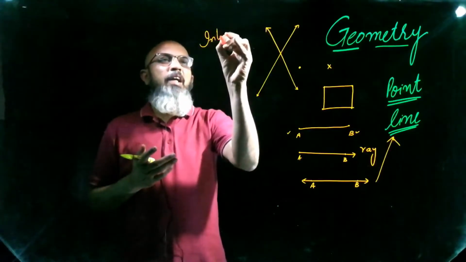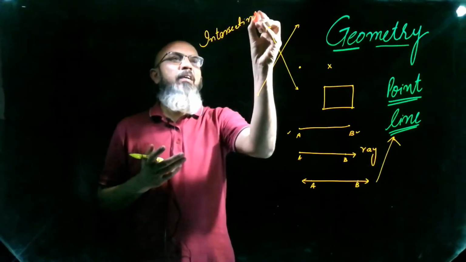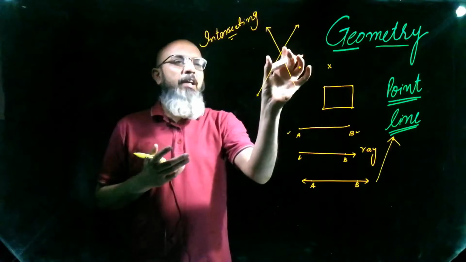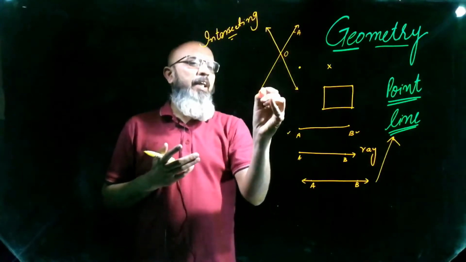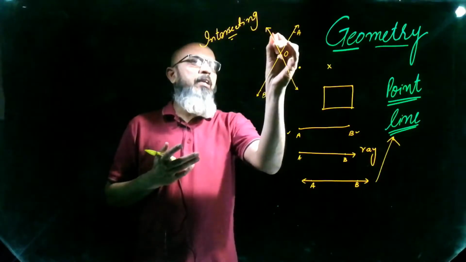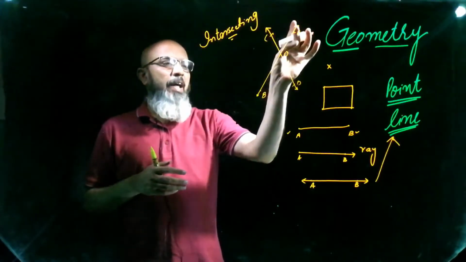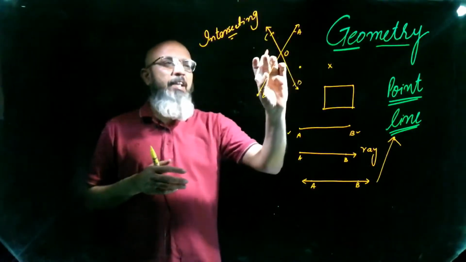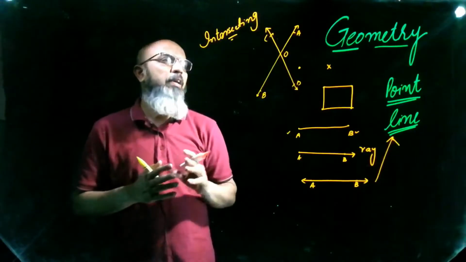These are called intersecting lines. They meet at point O. Suppose that is A, that is B, that is C, that is D. We say that line AB and line CD intersect each other at point O, right?